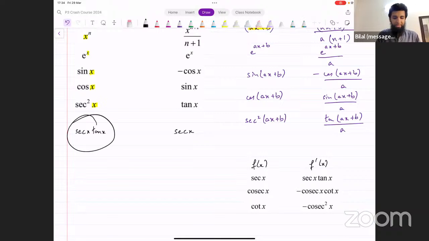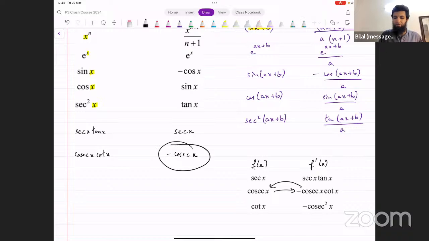So if you have secant x into tan x, the integral of that is secant x, all right? Similarly, if you have cosecant x into cot x, integral of that is minus cosecant x, all right? So this is negative, so we also put a negative when we're doing integration. This is minus cosecant x.